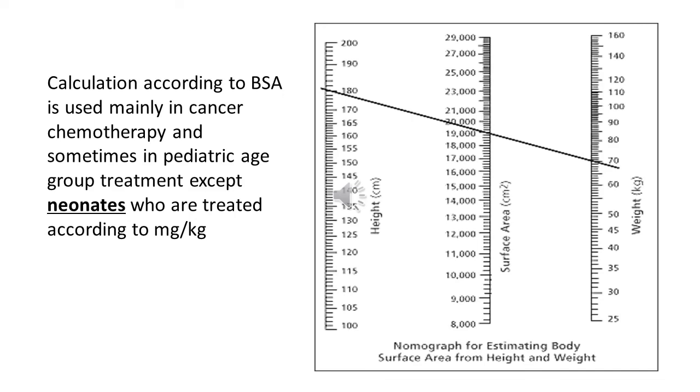Here you have a chart showing height against surface area against weight. Get a ruler and draw a straight line from the height of the patient to the weight. You will notice it passes through a certain point on the surface area scale, and this is the surface area for this patient.